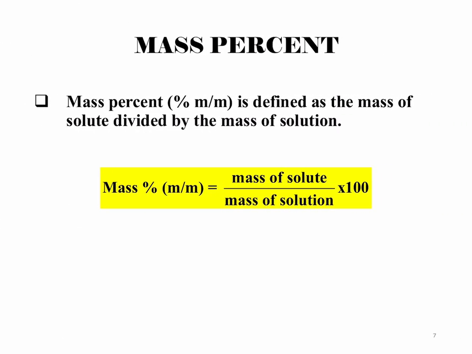A mass to mass percent concentration is just equal to the mass of the solute divided by the mass of the solution times 100. Mass of solution is equal to mass of solvent plus mass of solute. When we're thinking about percent calculations, we usually think the part divided by the whole, right?